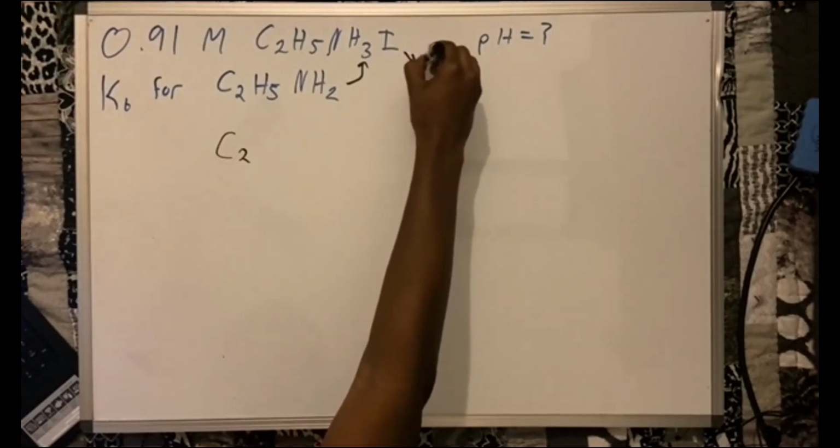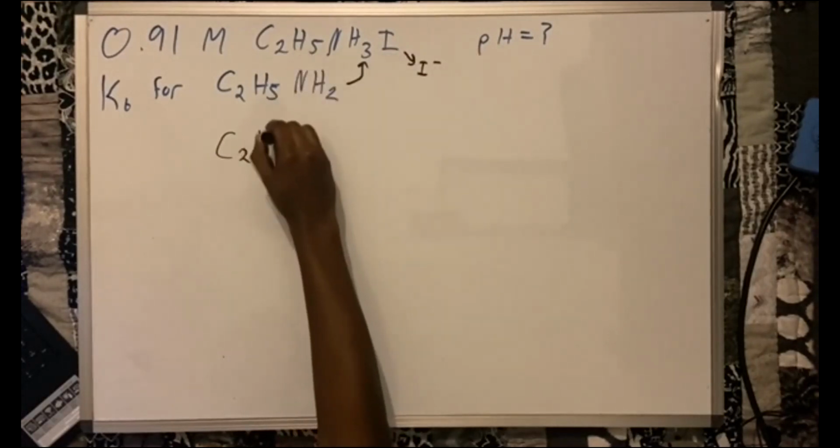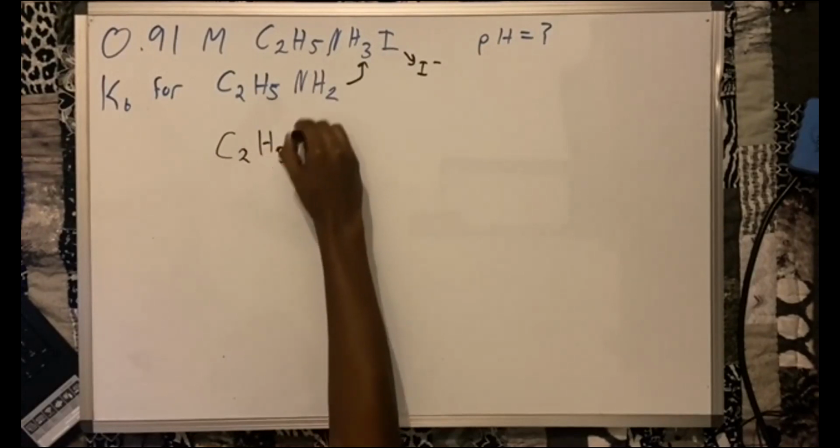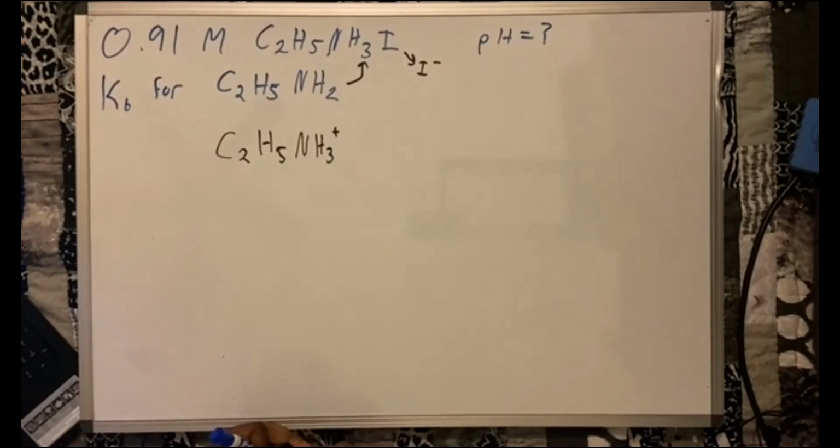That becomes I minus. That was an ion. And then this guy would be C2H5NH3 plus. Does everyone see that? You can just put in yes in the chat if you want. Yes, cool.